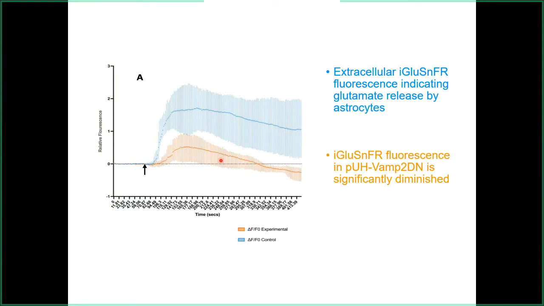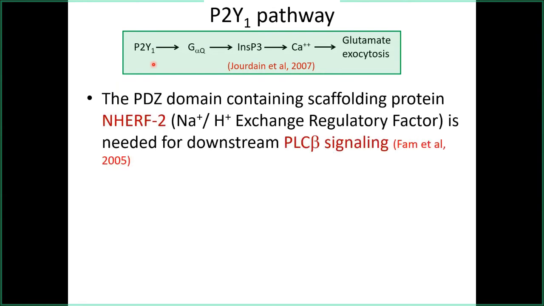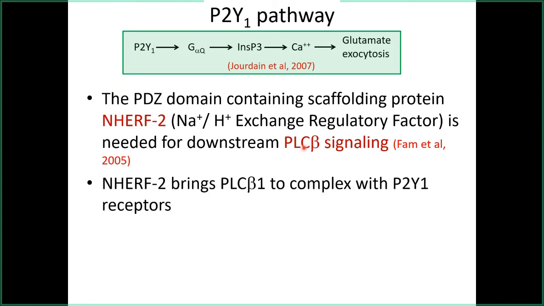So this is where we are right now. Now the next step is to grow these astrocytes and to culture them and then add them back into neurons. For the INBRE project, we now decided to target the other pathways, the P2Y1 pathway as well. So we are going to be targeting not the receptor itself, but a scaffolding protein called NHERF2, which is necessary for downstream signaling.